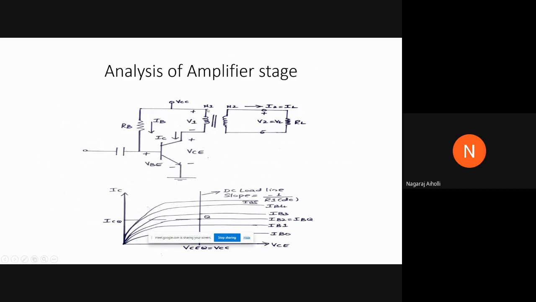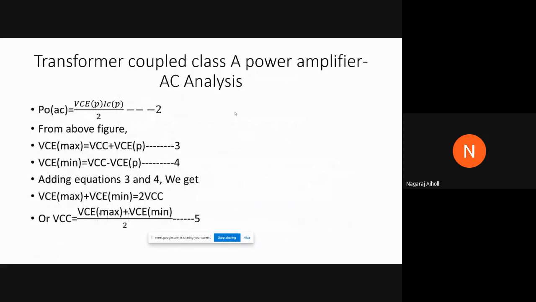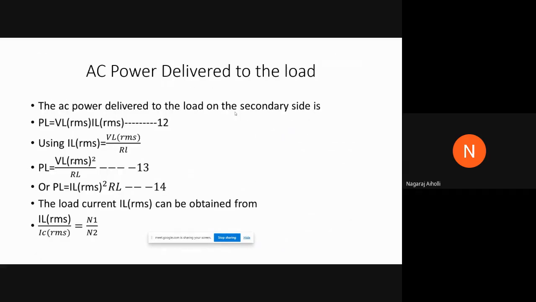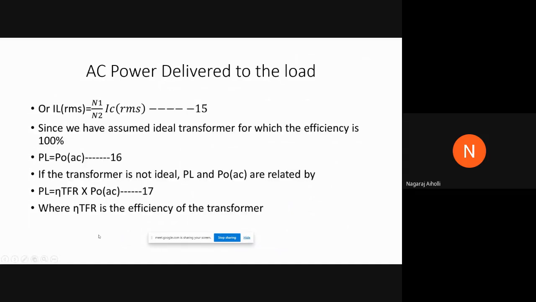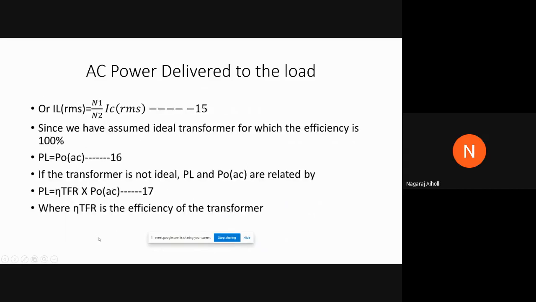That is equal to N1 by N2, primary turns divided by secondary turns. You have already studied this equation in your first year. That is IL RMS by IC RMS is equal to N1 by N2. Therefore, what will be IL RMS, students? Just cross multiply this IC RMS to the RHS. Therefore, IL RMS will be equal to IC RMS into N1 by N2.